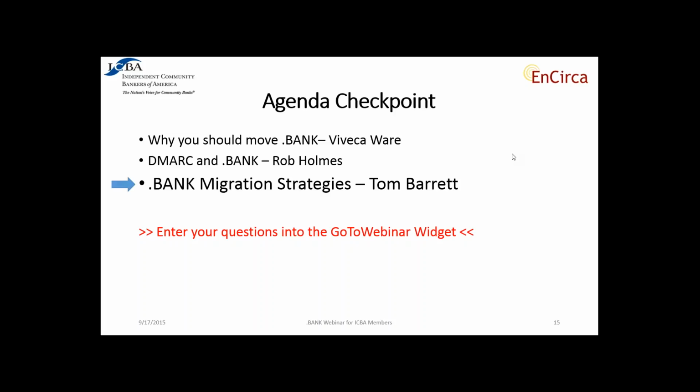You should have received a fairly urgent email from Encirca, because some of you will have your names deleted next week if you don't complete that process. So by all means, if you have not heard from Symantec yet, we do urge you to contact us, so we can track that down. But I do expect that based on the stats, most of you have completed the verification process, and that's really the focus of our webinar today.